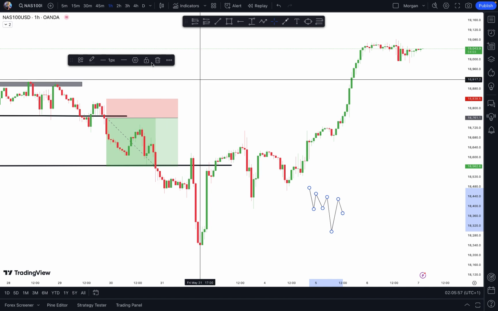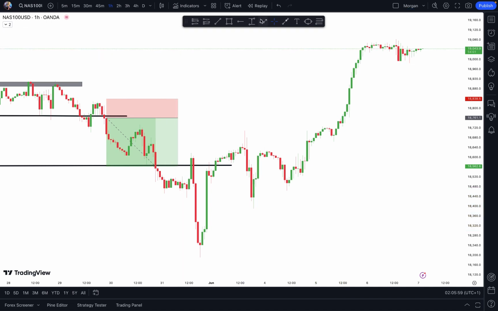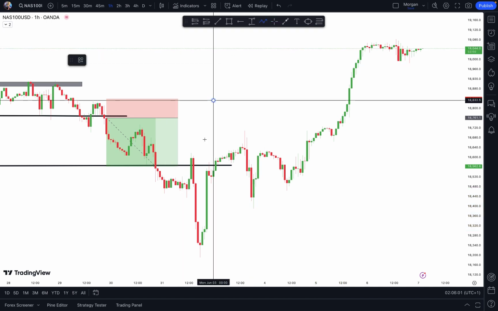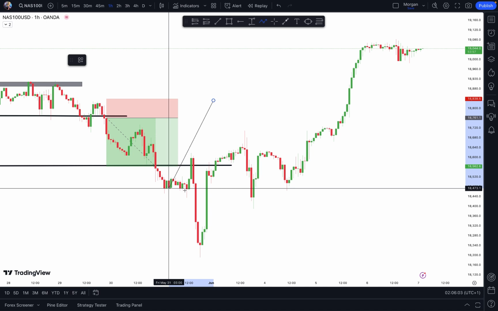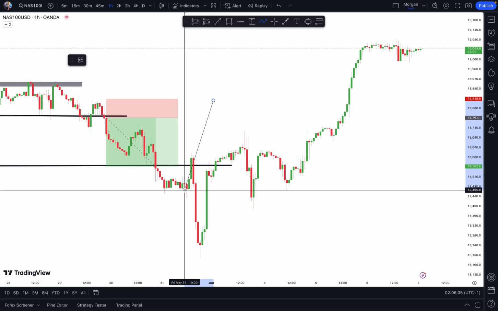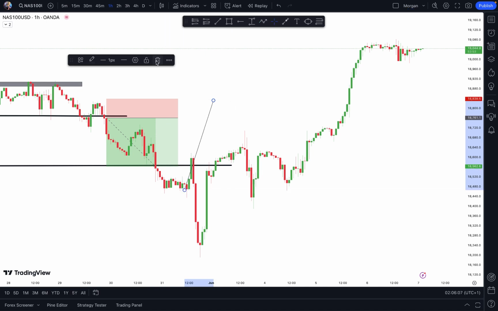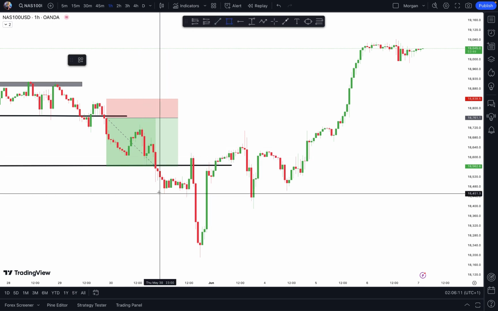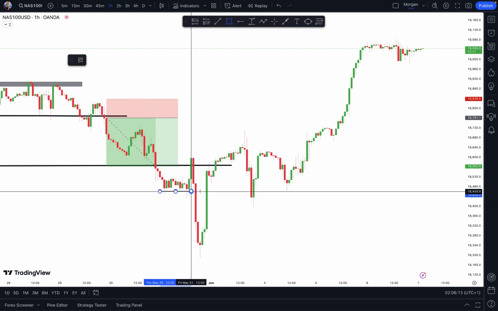So in this scenario, that was exactly what I was expecting after price made a new indication under these levels. I'll mark this level out so it makes sense.